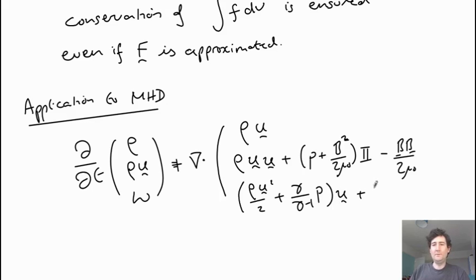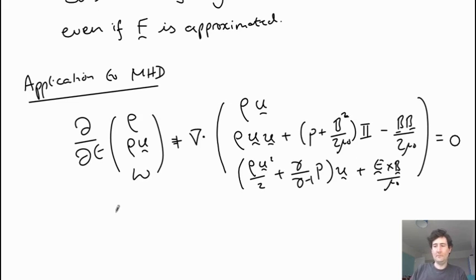And then we have the Poynting vector, so the electromagnetic energy as well. So these are divergences of the fluxes of density, momentum, and energy. And if there are no sources, then the right hand side is 0. And so this is ideal MHD in conservation form.